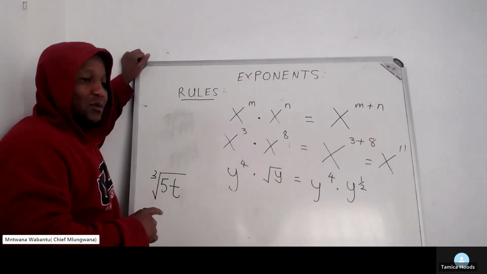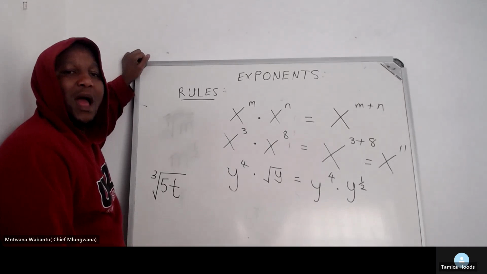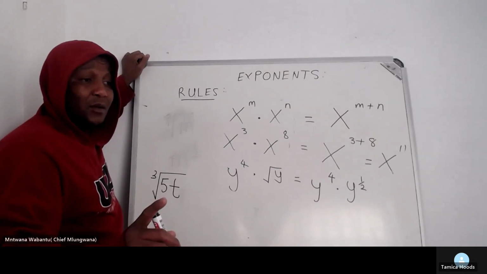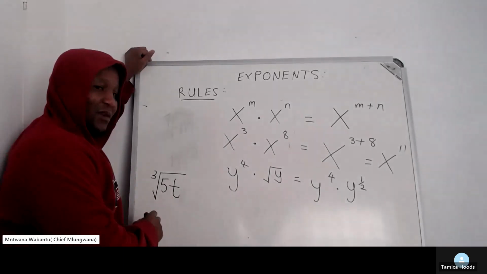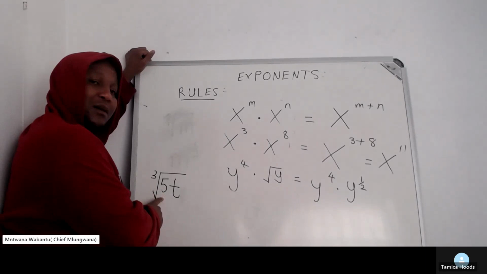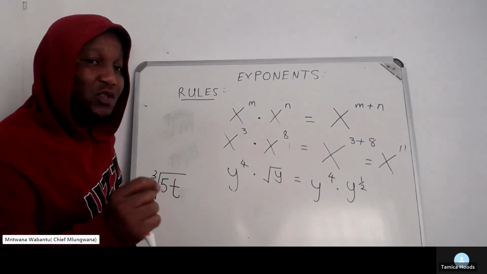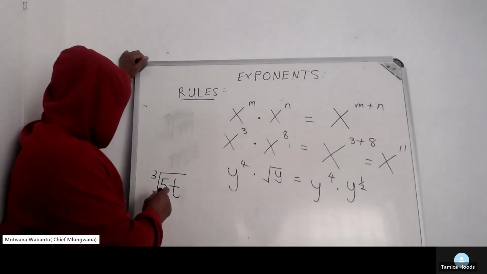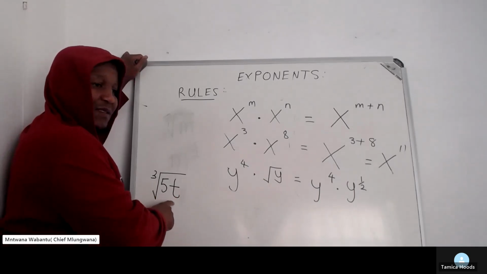what I want to do, look at this. I'm going to start to separate. This is very important. Look at this carefully, Tamika. Look, you see now they give a number and a letter. So my intention here is to separate them.